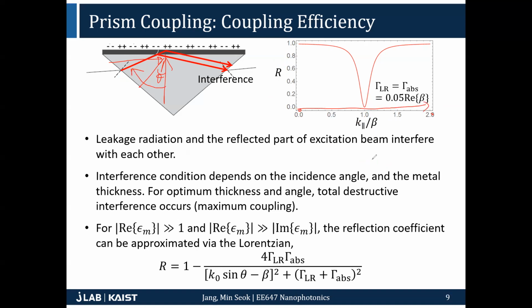And when your in-plane K vector matches the propagation constant beta, you can see here reflectance becomes minimized. What does that mean? Most of the light is absorbed by exciting surface plasmons. Okay, so light energy actually went to the surface plasmons.